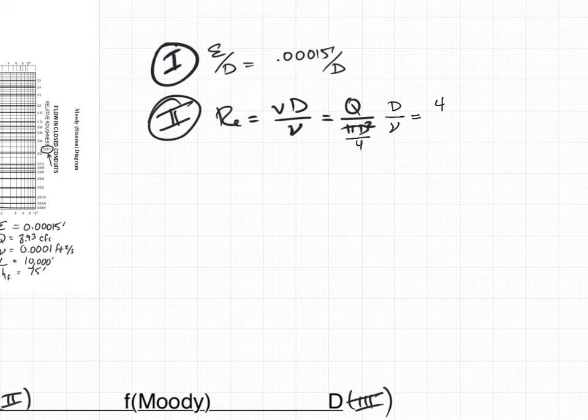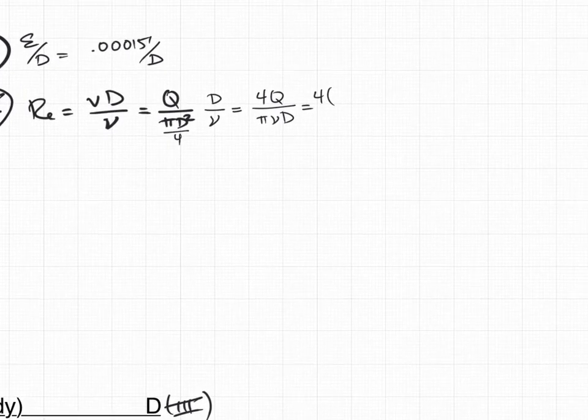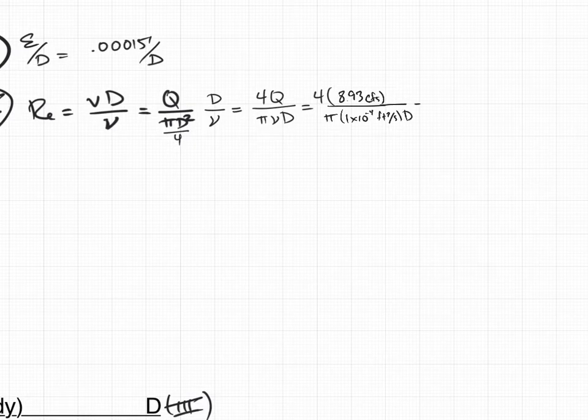So we bring the 4 up, so it'll be 4Q. One of those D's is going to cancel. So we're going to get pi nu D. All right, so the Reynolds number is going to be 4 times Q, which is 8.93 CFS, divided by pi times nu, which is some really weird number, 1 times 10 to the negative 4th feet squared per second, times D, which means, simplifying, we get something that looks like that.